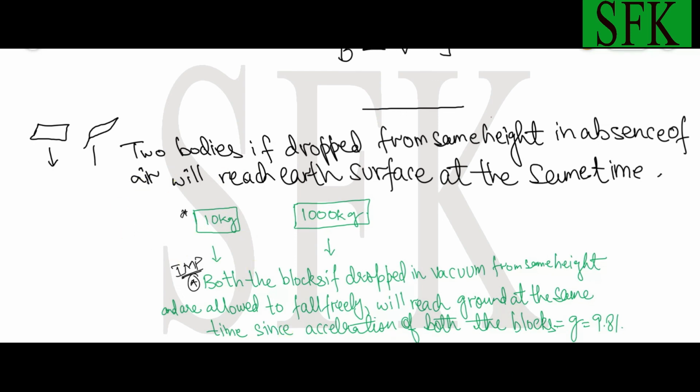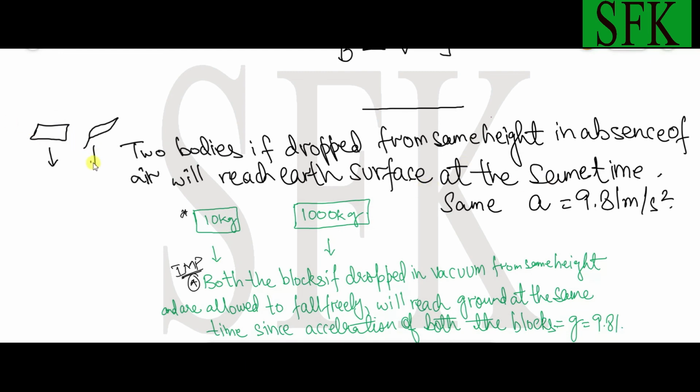The reason is that the two bodies have the same acceleration, which is 9.81 meters per second squared. So their speed will increase at the same rate, and they'll reach the Earth's surface at the same time.